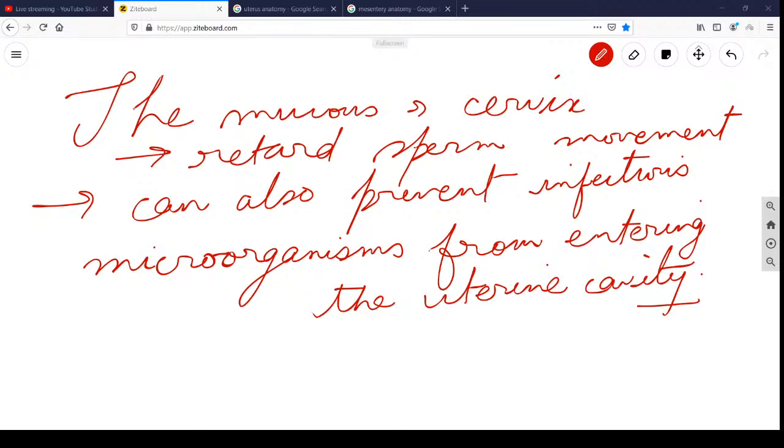Now, the cervical canal is a very small channel within the cervix, and why is it so important? It connects the vaginal cavity with the uterine cavity.